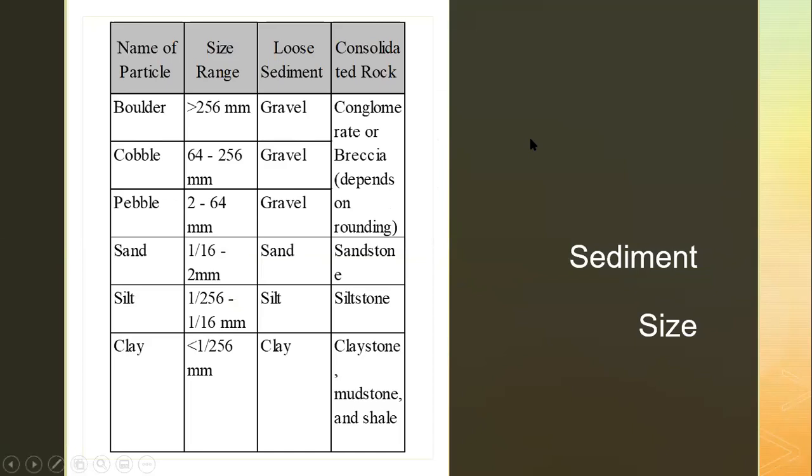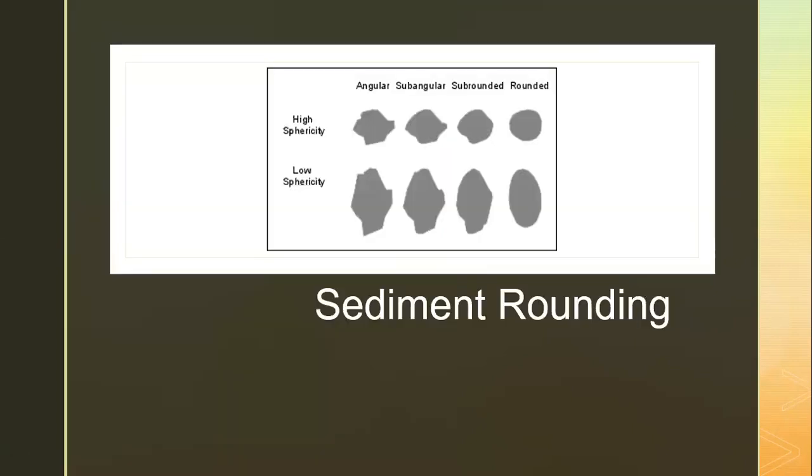So once you identify the size of the particles, and again, sedimentary rocks can have multiple different sizes in the same rock, the next thing you're going to be looking at is this idea called rounding. It's how round the particle is. And how they're classified is it can go from angular to rounded.